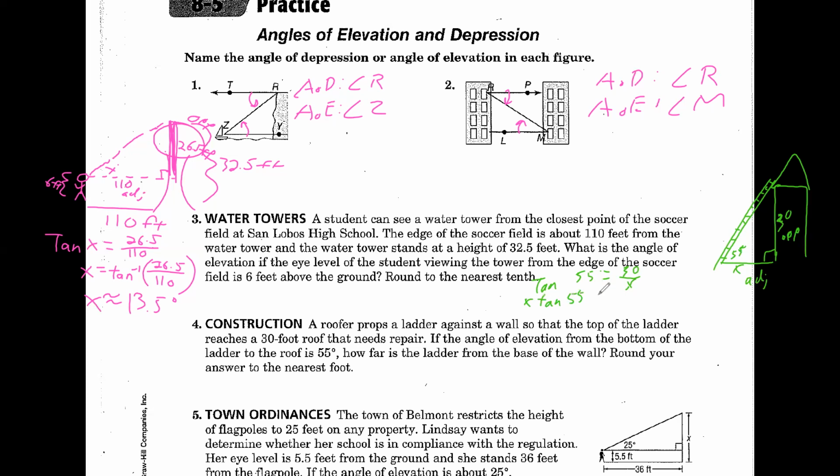X times tangent of 55 equals 30. Divide off tangent. X is about 21 feet. It says round to the nearest foot.